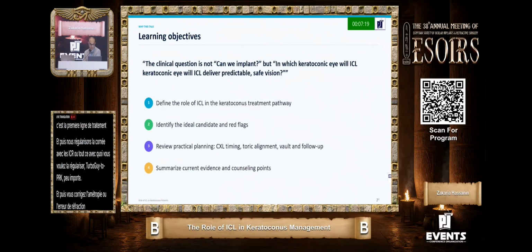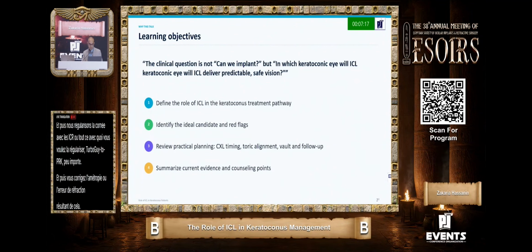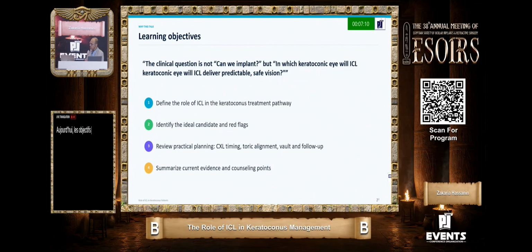So today, the clinical question in this presentation is not can we implant, it's in which keratoconic eye will phakic IOLs deliver predictable and safe vision. So the role of ICL or phakic IOLs, I'm going to define it in general.